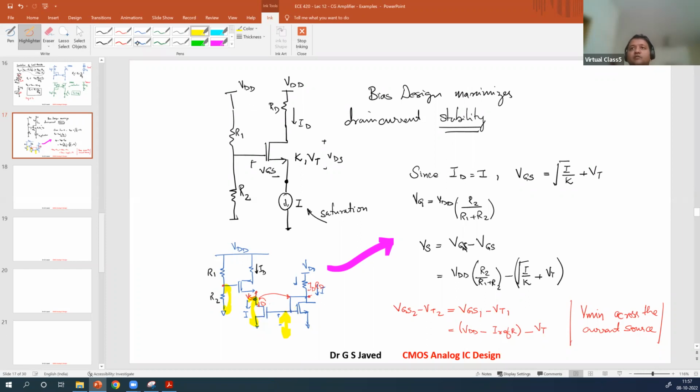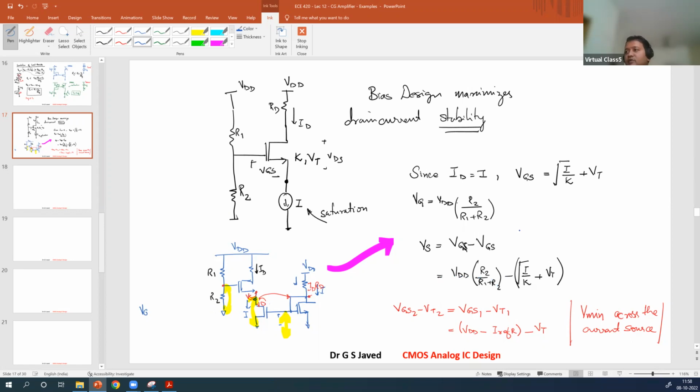So how do you set this gate value? The gate value is VDD minus IDRD, but you need some dependence on that circuit. How do you set this VG value there? You know that using this circuit, VGS is equal to square root of I over K plus VT. And the DC voltage is determined by the two currents of these two circuits. So we should select the circuit in such a way that this VDD minus IDRD is equal to your VGS value.